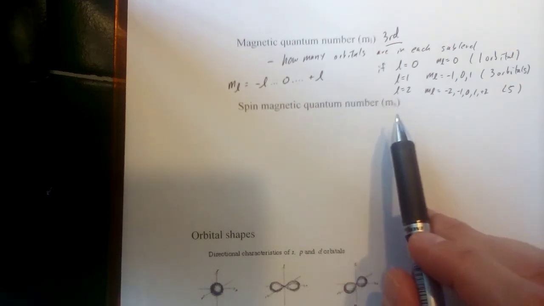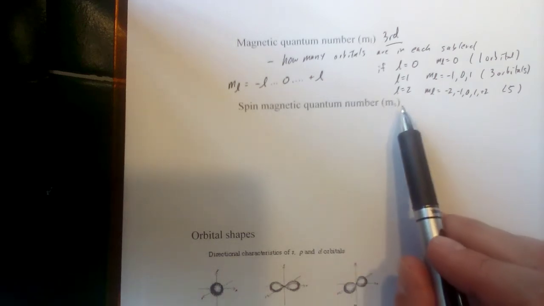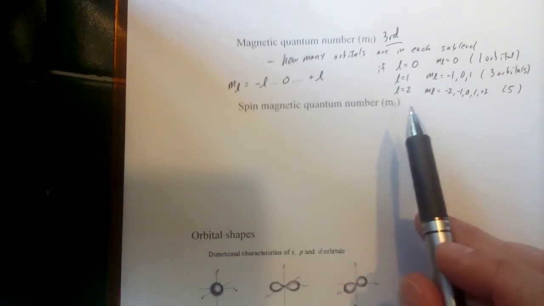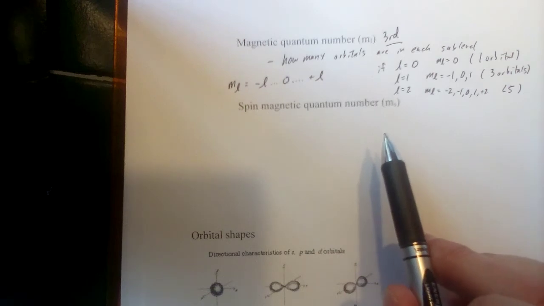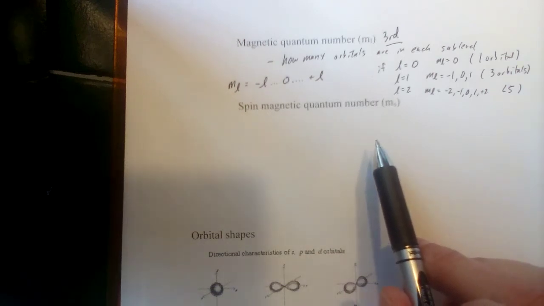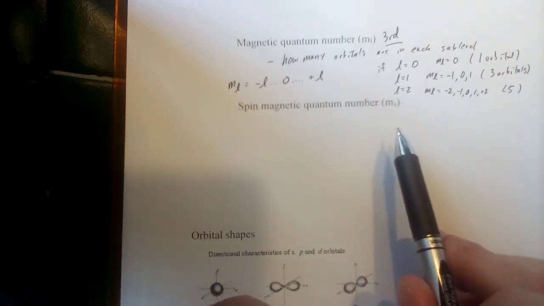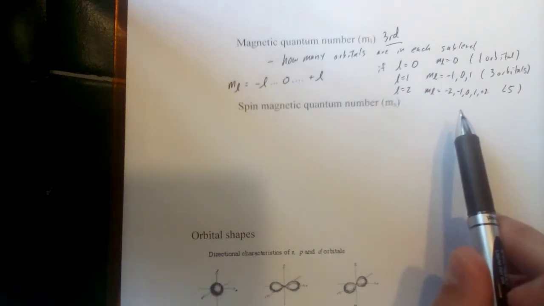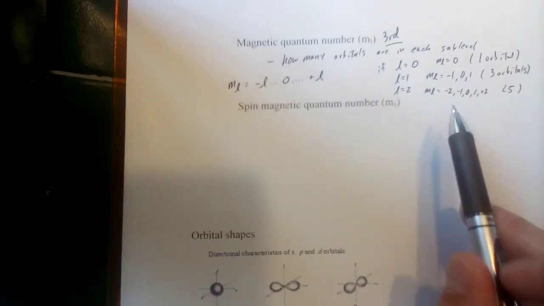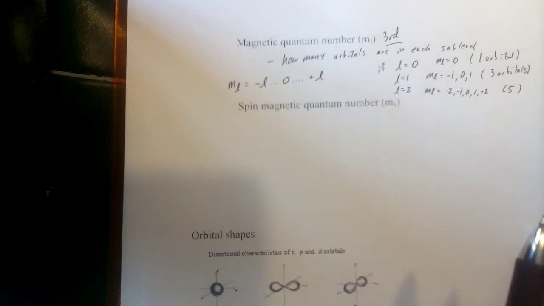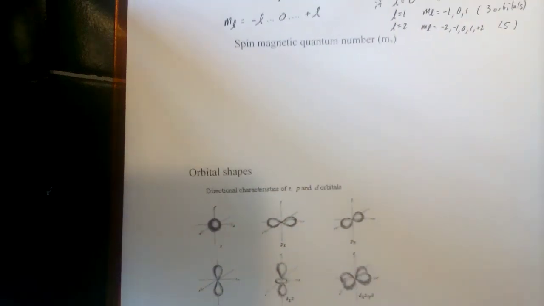Those will have 7 orbitals. When L equals 4, that corresponds to a g sublevel. For the g sublevel, there will be 9 values of m sub L, so there will be 9 orbitals.